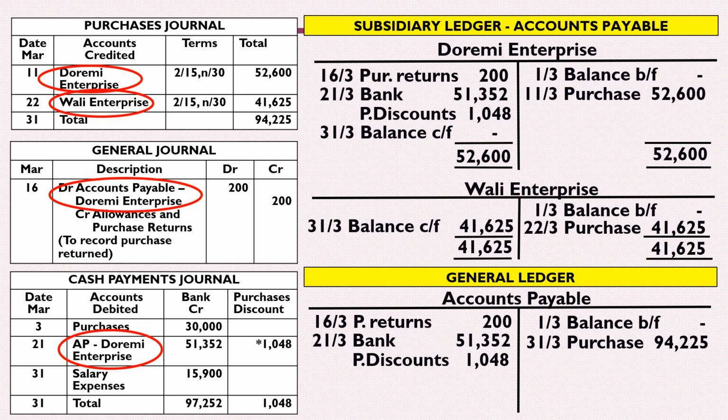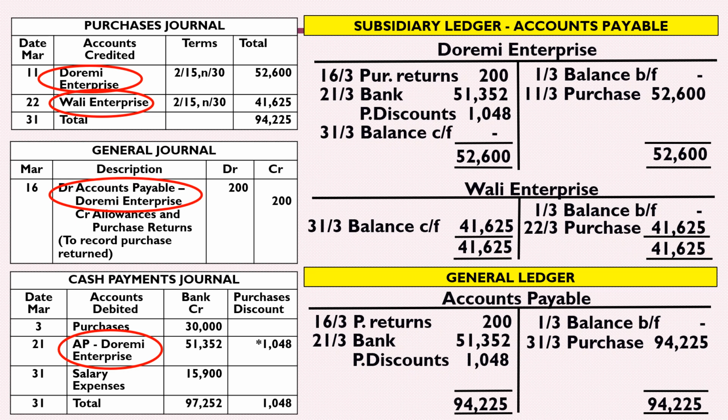And then we balance the accounts left and right. So take the bigger amount, that is 94,225, must be the same with at the left side, also write 94,225.